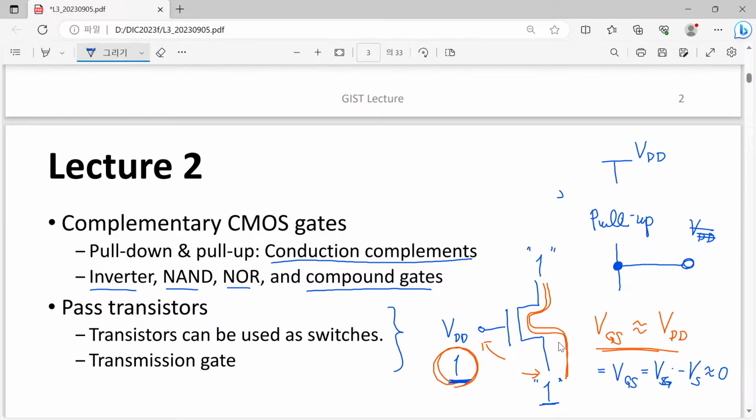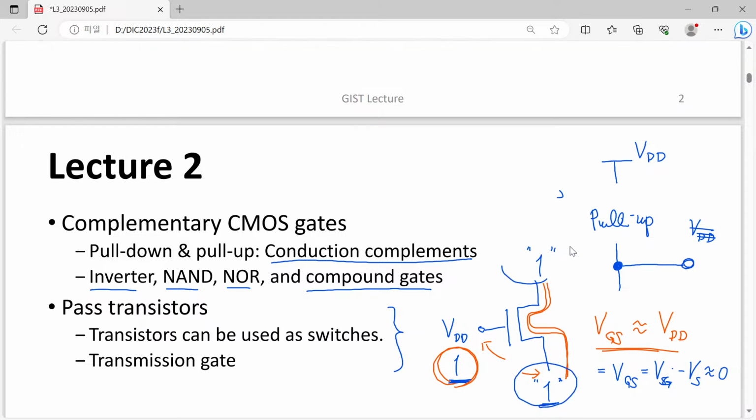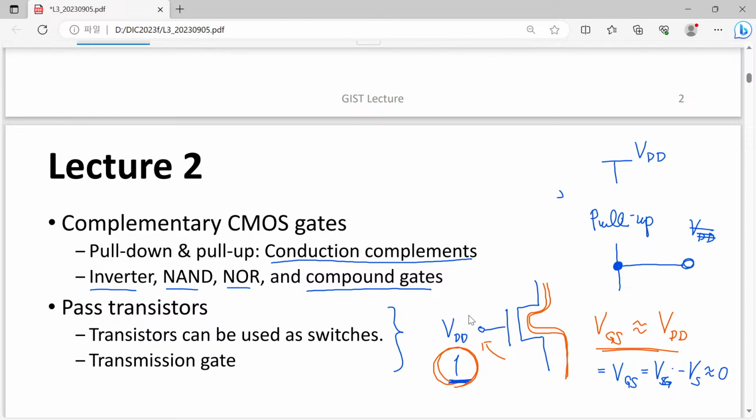The ideal case is just passing our logical value 1 to this node, but unfortunately it is not the case. So an N MOSFET is not that good at passing logical value 1 from one terminal to the other, meaning source and drain.